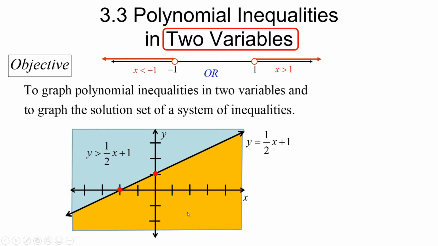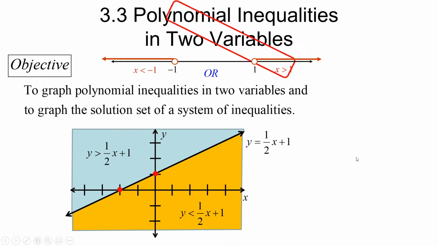It's going to be y is less than 1/2 x plus 1. So every equation divides the plane into two parts, everything above it and everything below it. Two variables, and that's all there is to that.